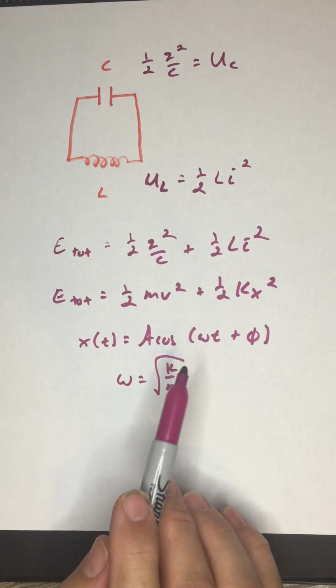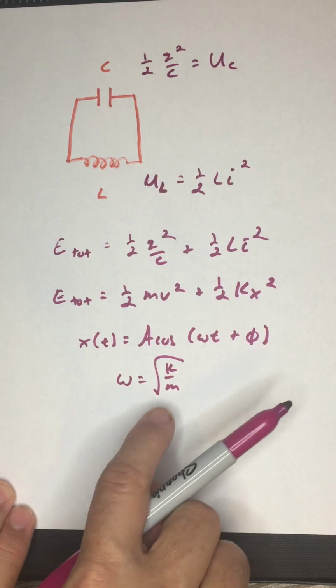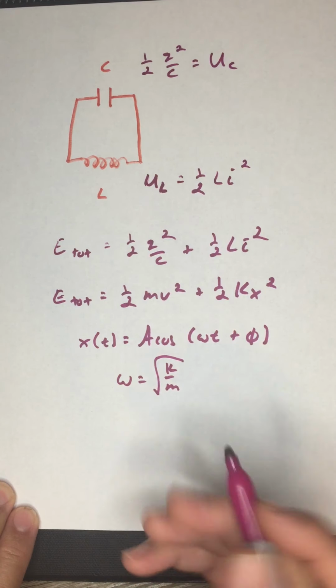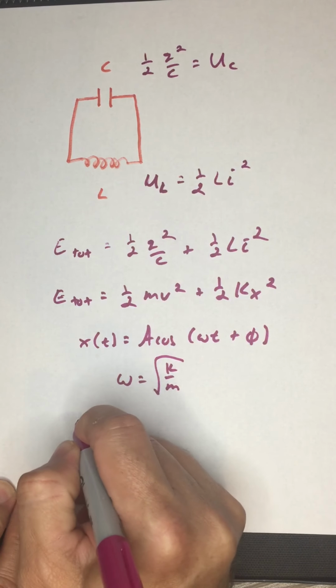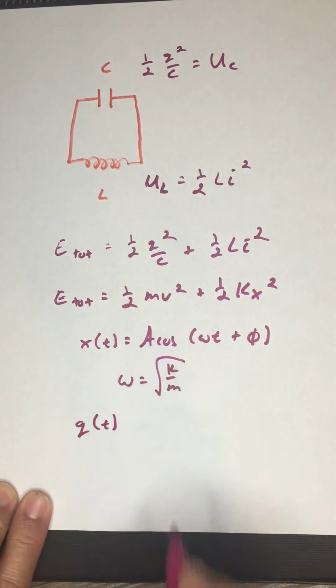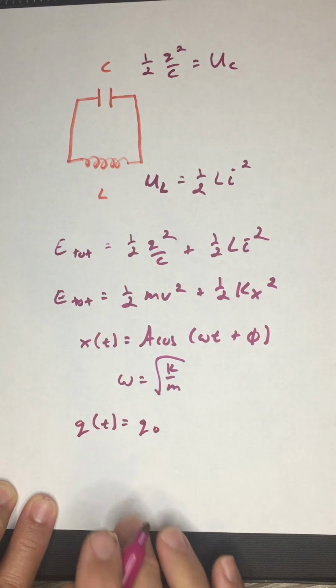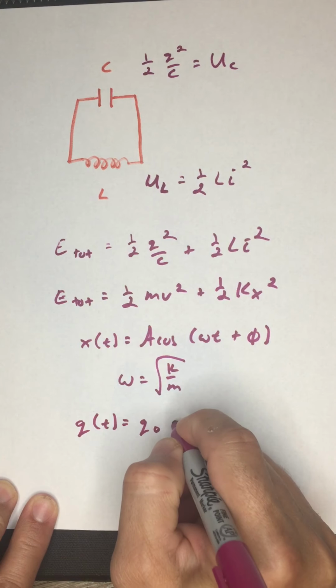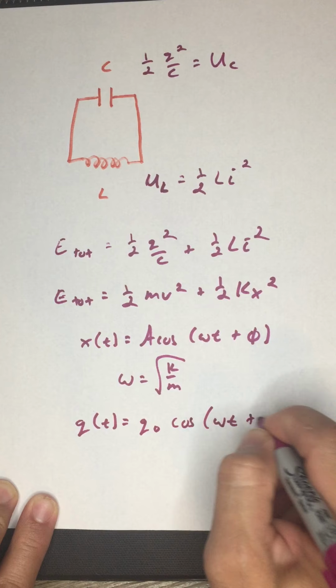So what I can do here is, by drawing the analogy, come up with the same solution, just substitute in different variables. And so I can come up with the same thing, where I'll say this: the charge on the capacitor at any time t is equal to some Q naught, that is the maximum charge, cosine of omega t plus phi.